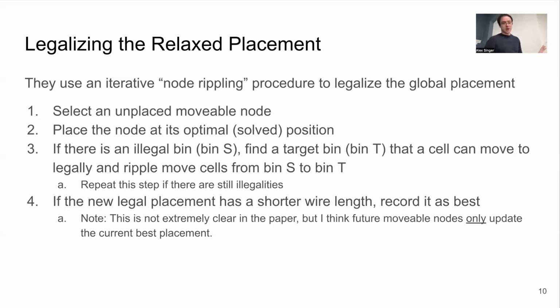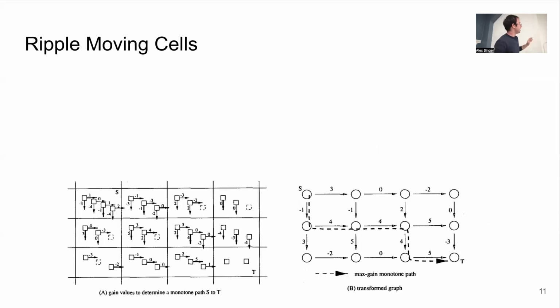So let me get into how we're actually going to be doing this ripple move, because that's the really important part. Let's imagine we have S on the top left right here, and we have T on the bottom right. Now, how did I find that T is available? I noticed that it has space in it, and there are blocks that can move into it. This block, for example, can't have blocks move into it because it would then become overfilled.